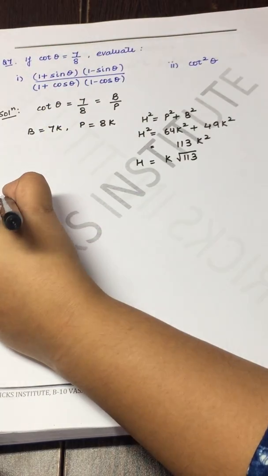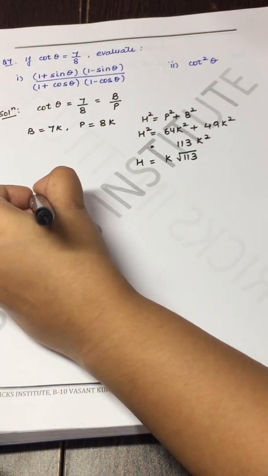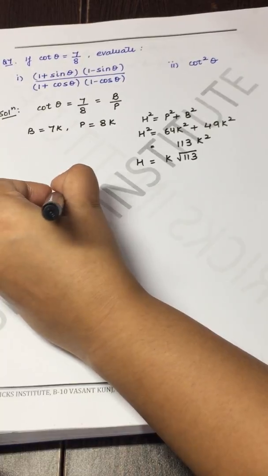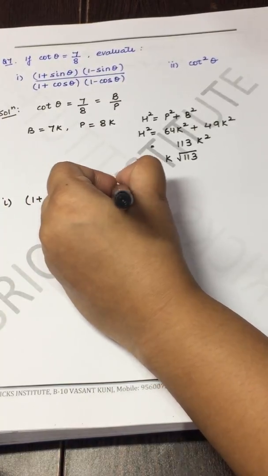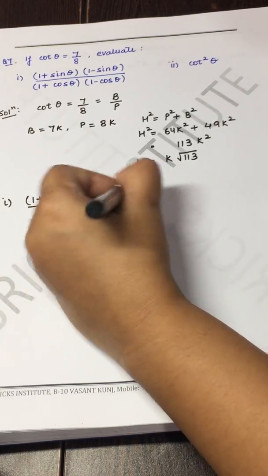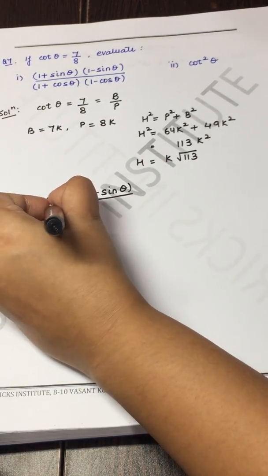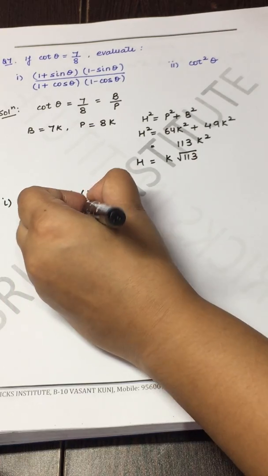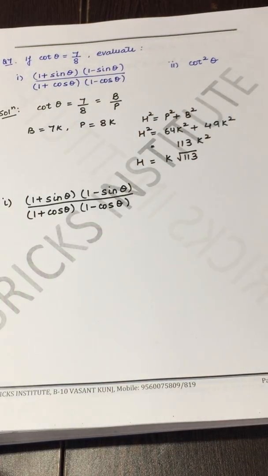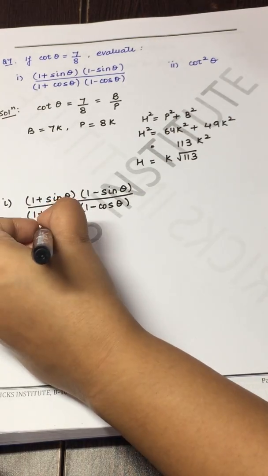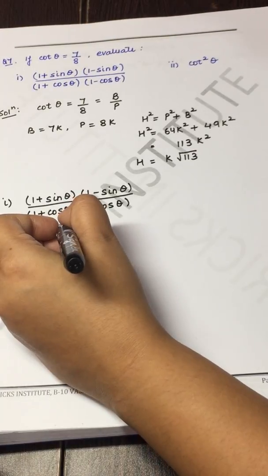Let's calculate what they have asked us to calculate. So (1 plus sine theta)(1 minus sine theta) upon (1 plus cos theta)(1 minus cos theta). So 1 plus perpendicular upon hypotenuse.